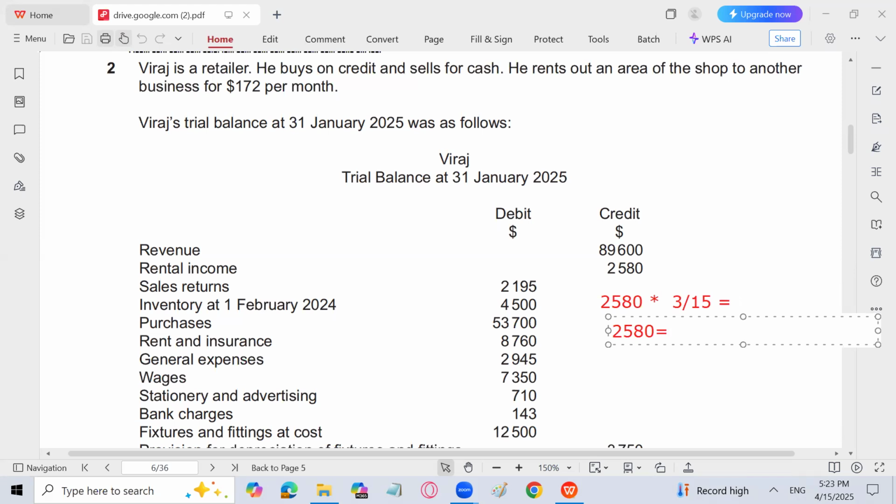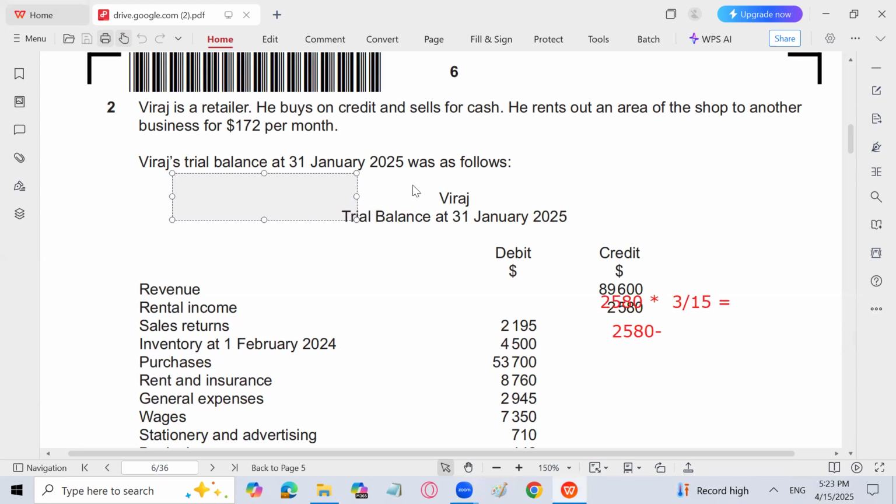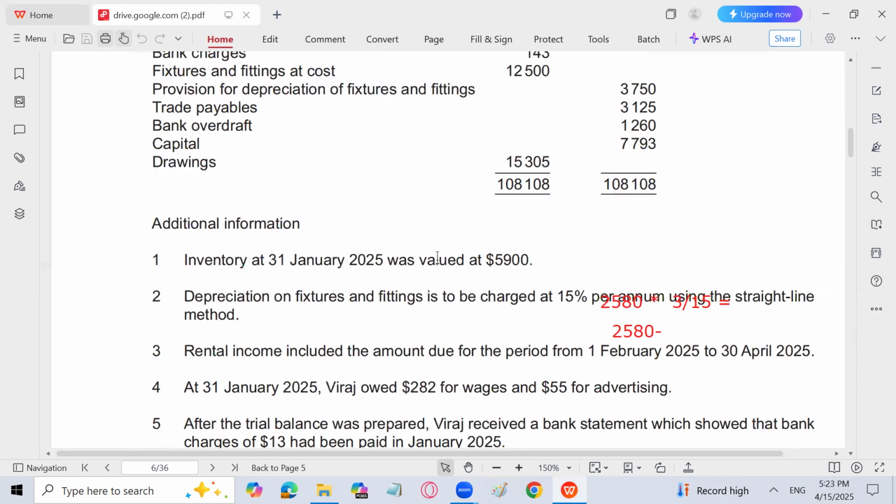Because this 2580 of rental income is for 15 months, which will end on 30th April. Our year end is 31st January 2025, so the remaining February, March and April, 3 months, is going to be the prepaid income, income received in advance, or unearned income: income received but not earned.